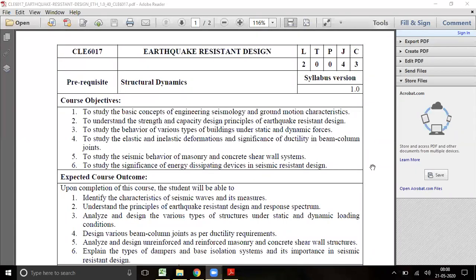If anything happens to your joint, then automatically the corresponding members will fail. So how should the beam column joint in a building behave during an earthquake?